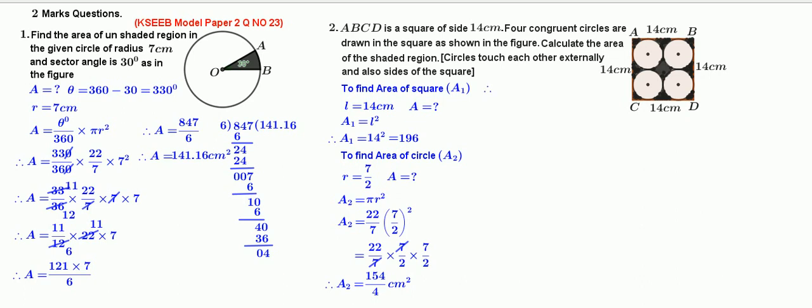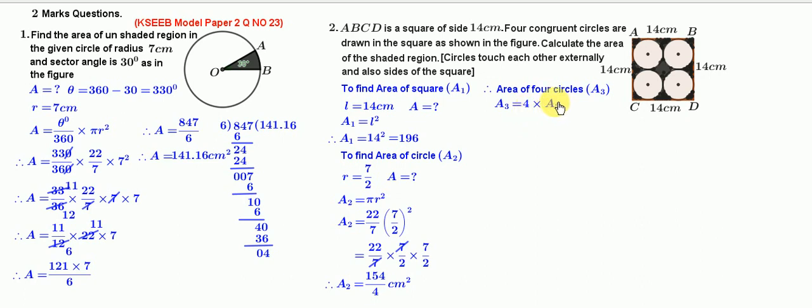Now let us find the sum of areas of 4 congruent circles. We call this A3. That is A3 equal to 4 into A2. Here A2 is the area of each circle. Therefore, the sum of areas of 4 congruent circles is 4 into A2.